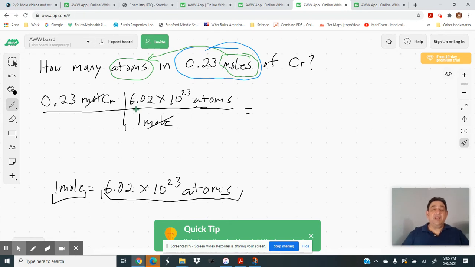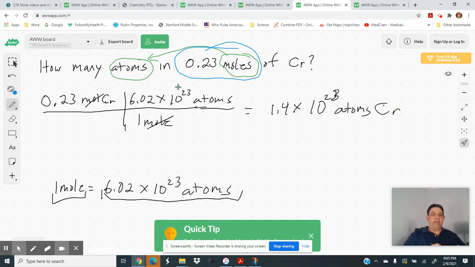Really, we're supposed to use significant figures here. 1.4 times 10 to the 23rd. Okay. And they're atoms of chromium.